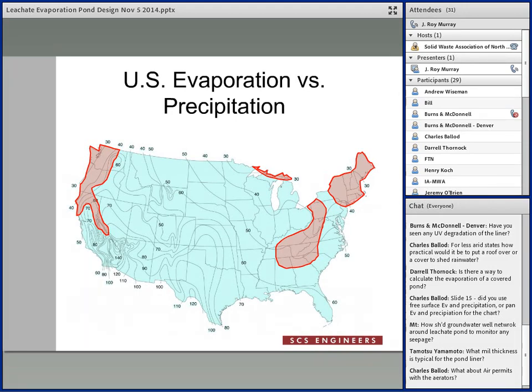And then I took out the 0 to 10, because if I'm going to convert this to a lake evaporation or a free water evaporation, those areas are probably going to come out of there. So basically anything in the yellow, by the time you convert it from a pan evaporation to a lake or a free water evaporation, it's probably going to be upside down.